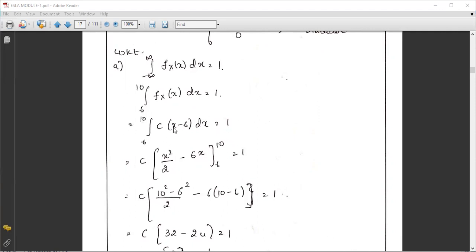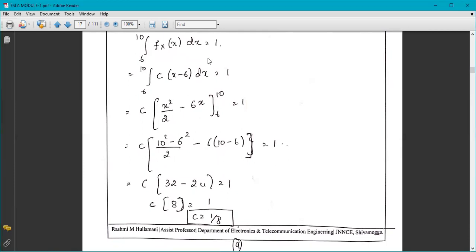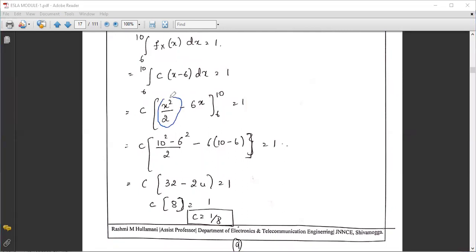Integration of x gives x square by 2, and minus integration of 6 gives 6x, under the limits 6 and 10, which equals 1. We apply the upper limit minus lower limit: 10 square minus 6 square divided by 2, minus 6 into 10 minus 6, equals 1.